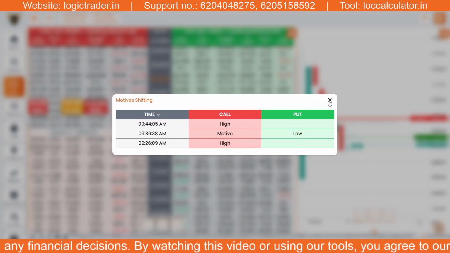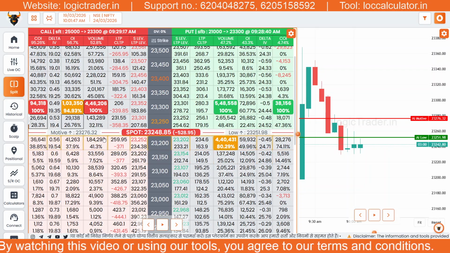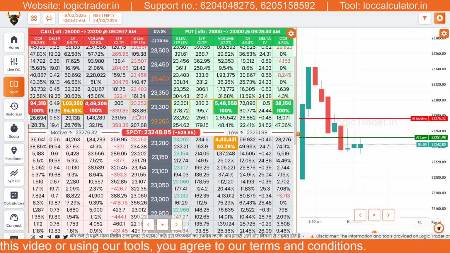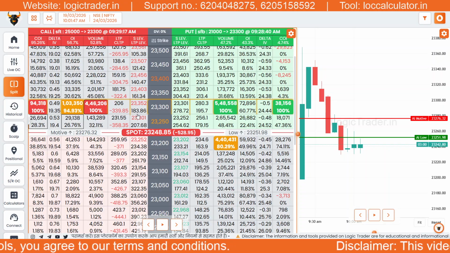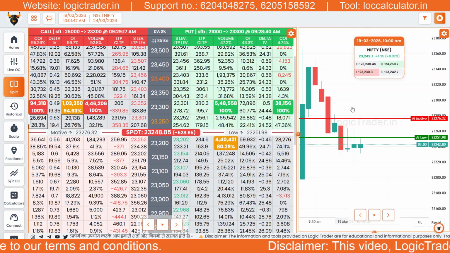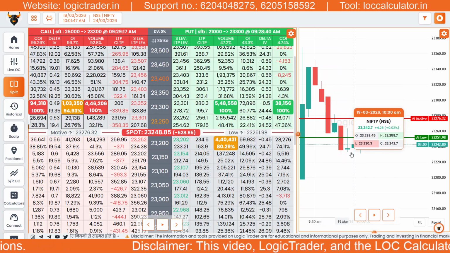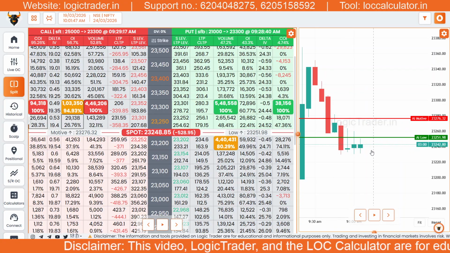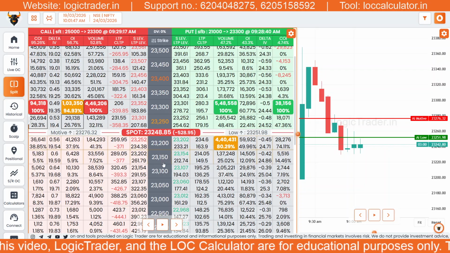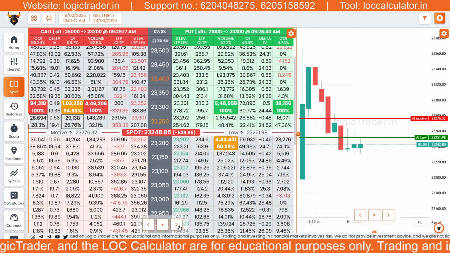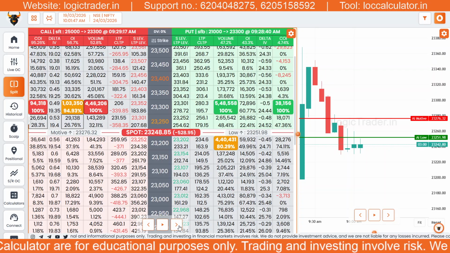So the market is showing that the motive is now bullish. At this point, instead of holding a bearish trade, we will exit the position with a small profit. After that we will wait for the next trade opportunity based on the updated motive structure.